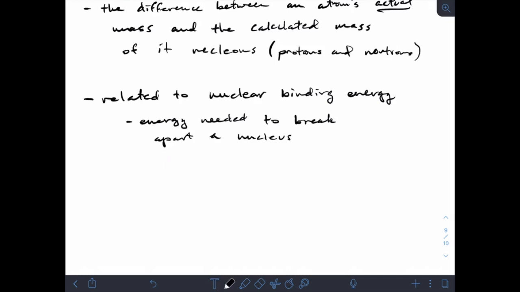And lucky us, we get a very famous equation to play with. E equals mc squared. So any change in energy is proportional to a change in mass. Let me just write that down before I go away.